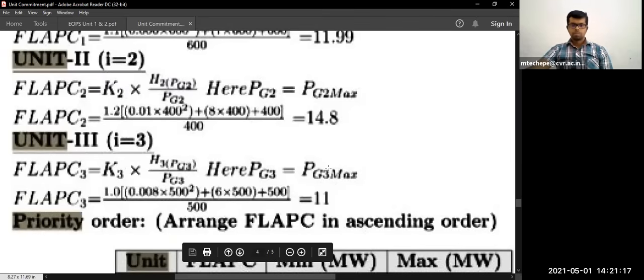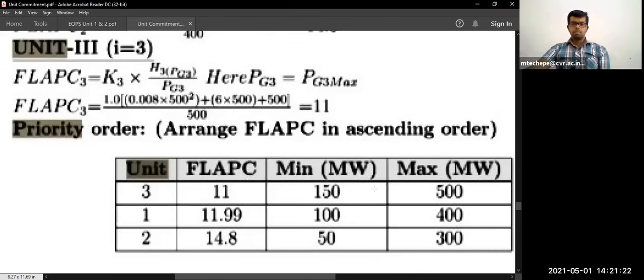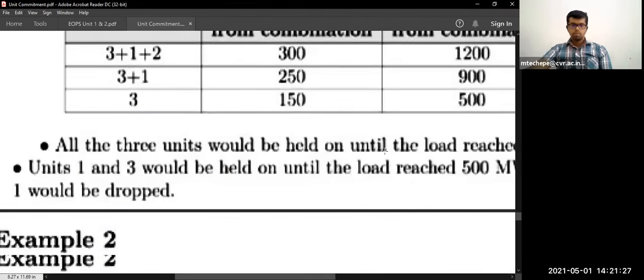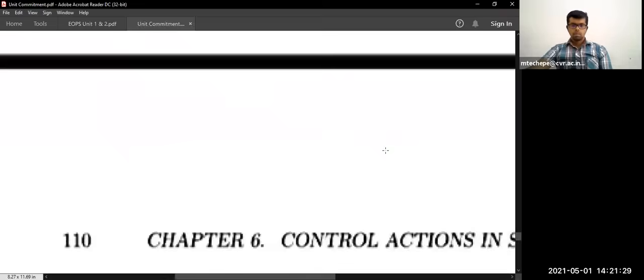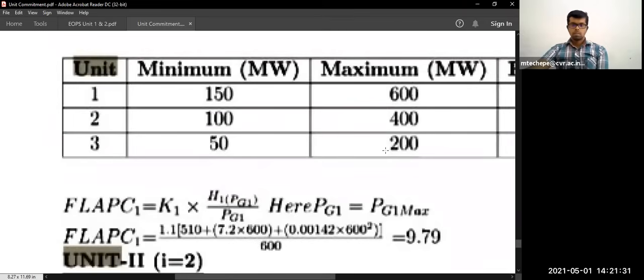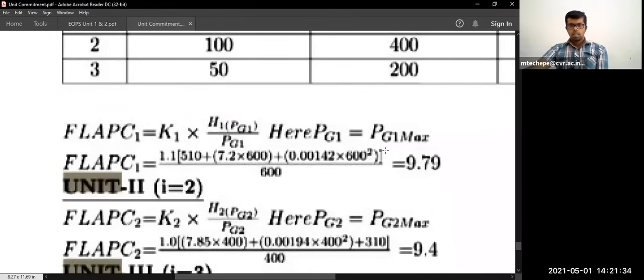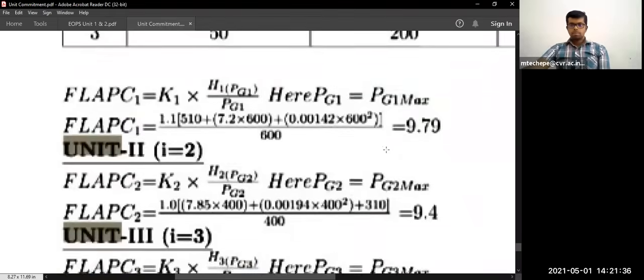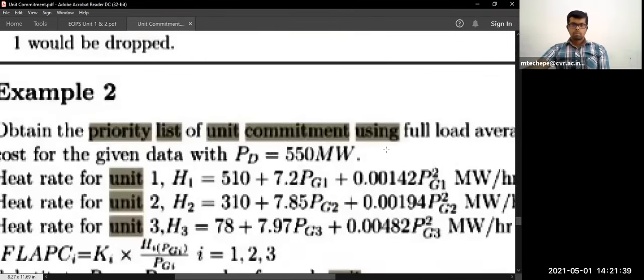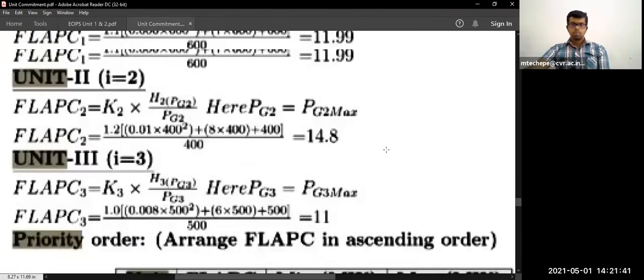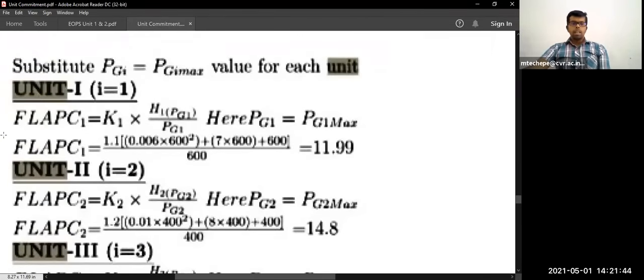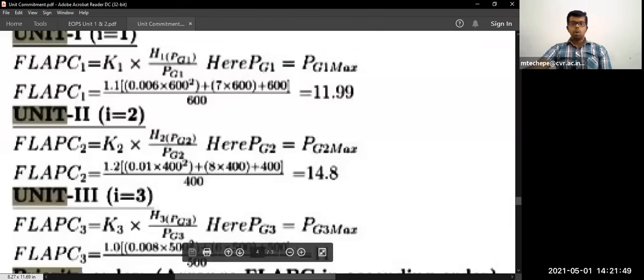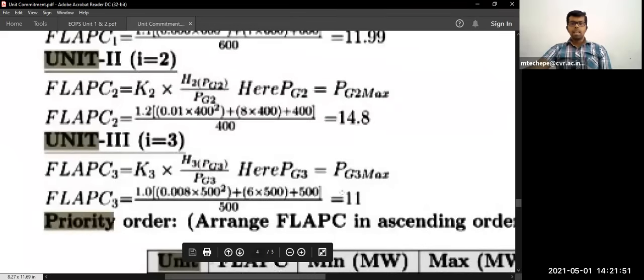It will give the answer of, I think, 11. Okay, so we got FLAPC1, that is 11.99, FLAPC2 14.8, then FLAPC3 as 11.